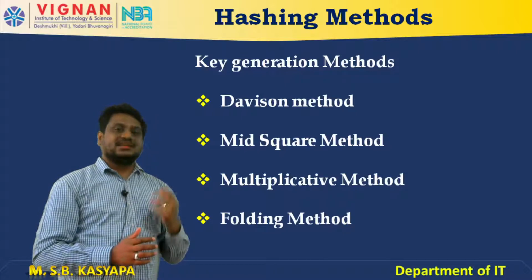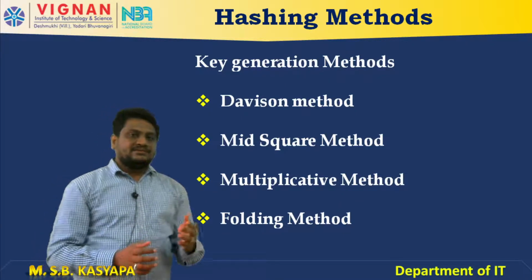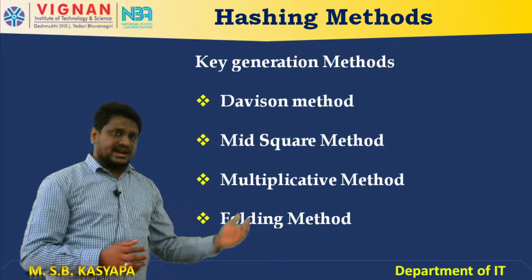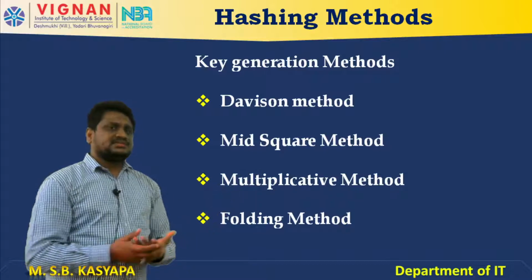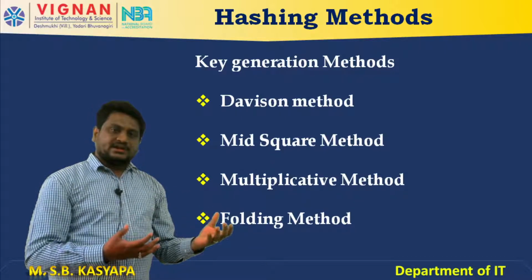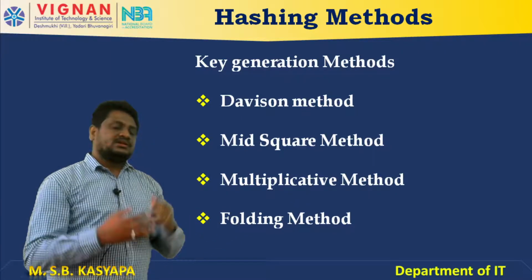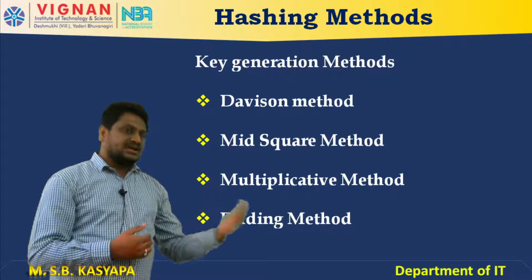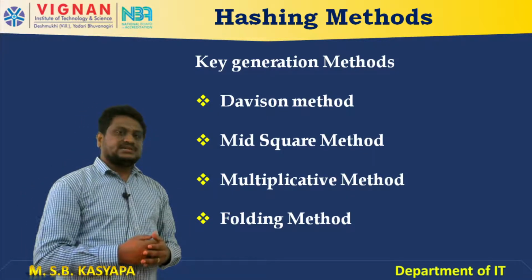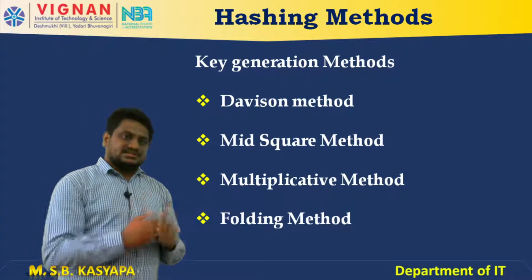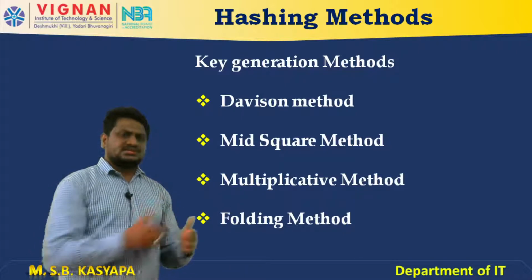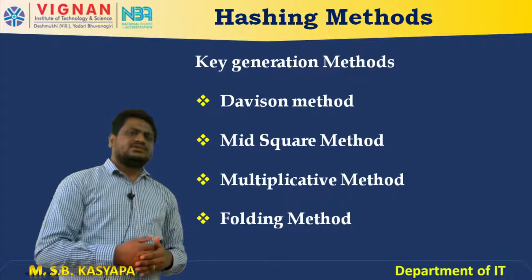First, I will take a random number, then I will multiply the key value with that random number, then I will get some value. In that value, I will take the fractional value. With that one, I will again multiply with 100, the size of the hash table. From that result, I will get a key value.